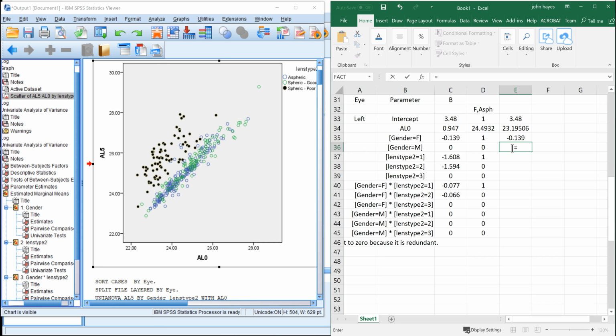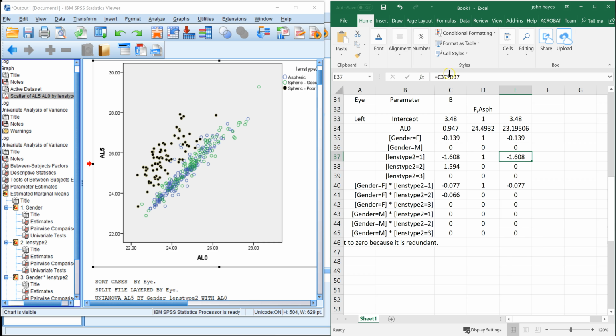Equals 0 times 0. And how about that? That's actually 0. Let's just copy down here. And then, oh, I just copy from up here.